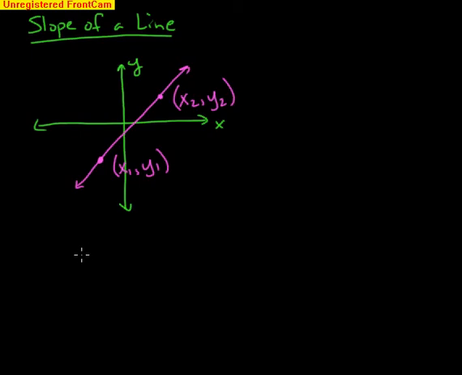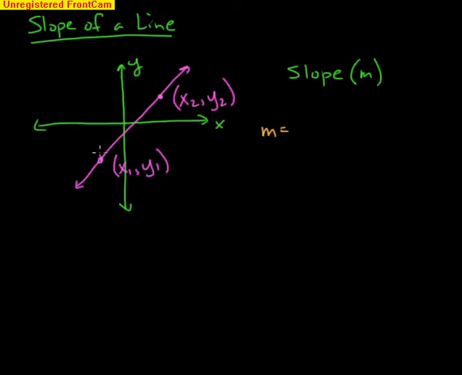Okay? So when you're finding slope, there's really 2 ways to think about it. So, slope. The lowercase letter m stands for slope. So the first way to think about slope, if we were to count the slope, we could count how to get from one point to the other.